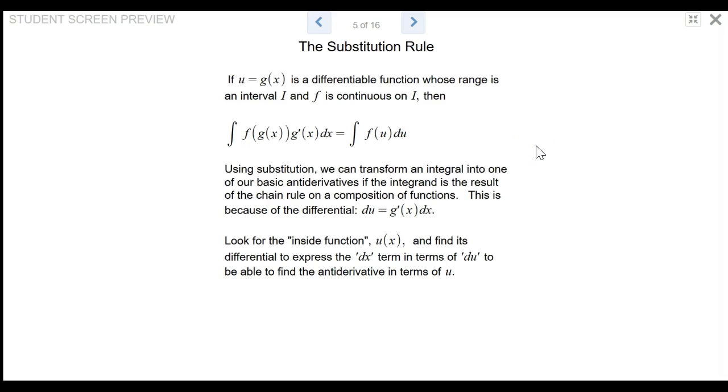So oftentimes what you want to do, like we did in this last example, is look for the inside function to be your substitute u, your substitute function, and then get the function that you're finding the integral of and the differential in terms of this new variable u.